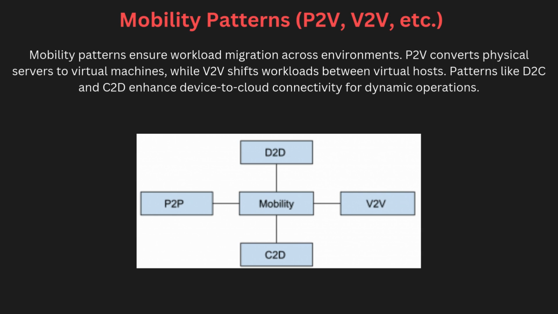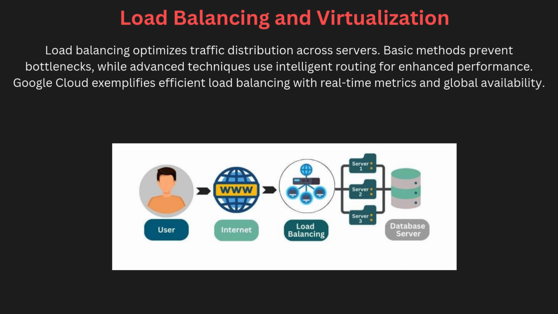So now load balancing and virtualization. Load balancing ensures optimal resource utilization by distributing the workload across servers. Basic load balancing prevents overloading a single server, maintaining the system's performance also. It utilizes network resources like bandwidth and routing mechanisms to spread the traffic evenly.